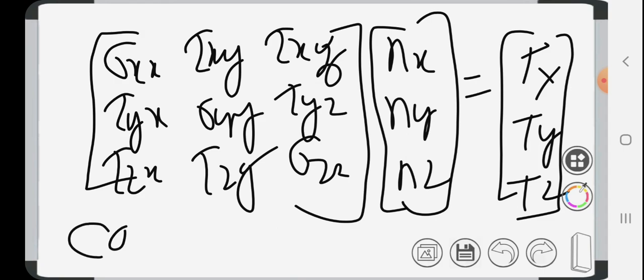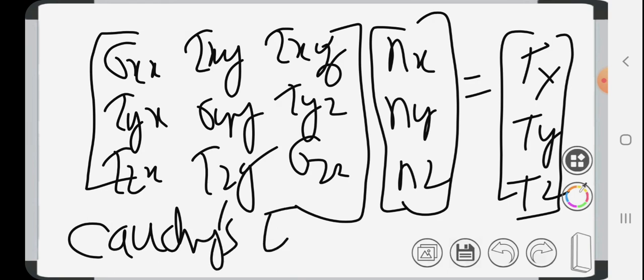So this is called Cauchy's equation. This is the way to calculate it.